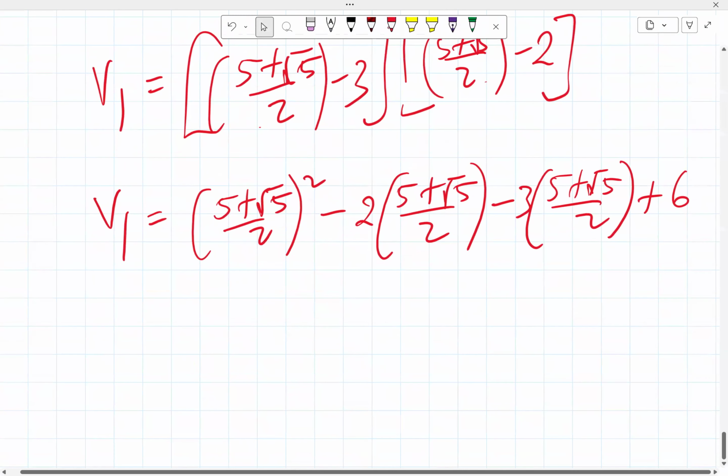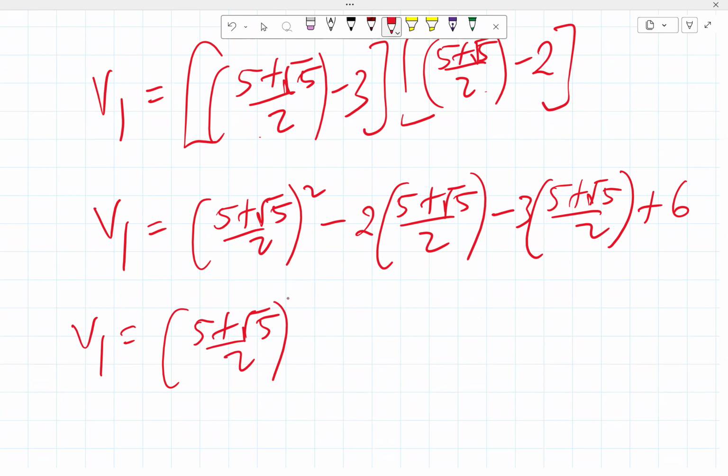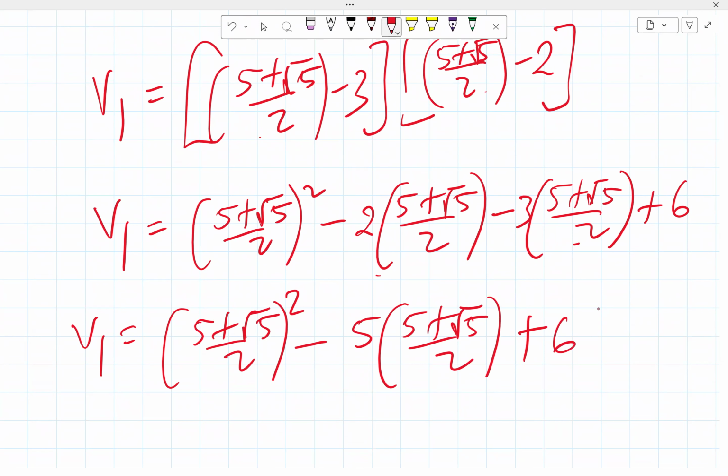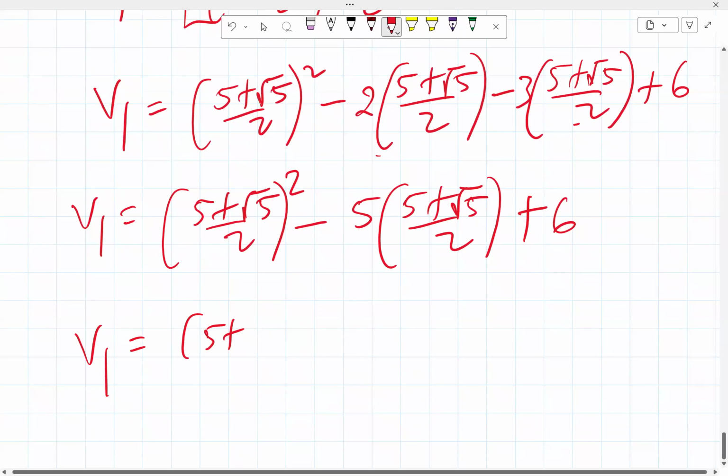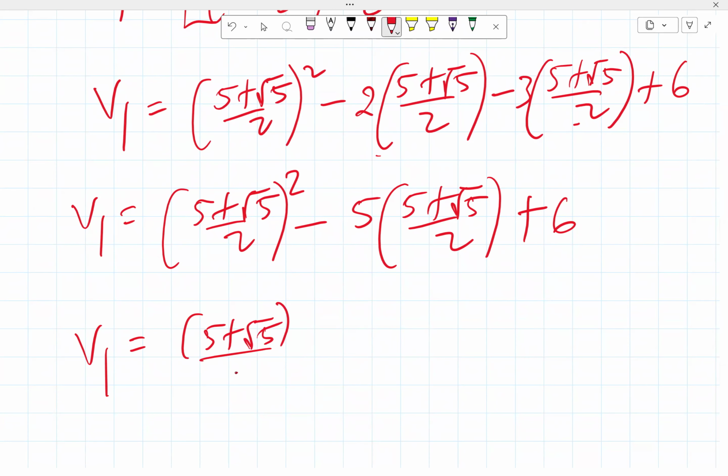So V1 is equal to 5 plus root 5 all over 2 squared. Then this and this are the same, so that's minus 5 into 5 plus root 5 all over 2, plus 6. I feel I might be doing too much, but let's see. So V1 is 5 plus root 5 all over 4, squared, minus 5 into 5 plus root 5 all over 2, plus 6.